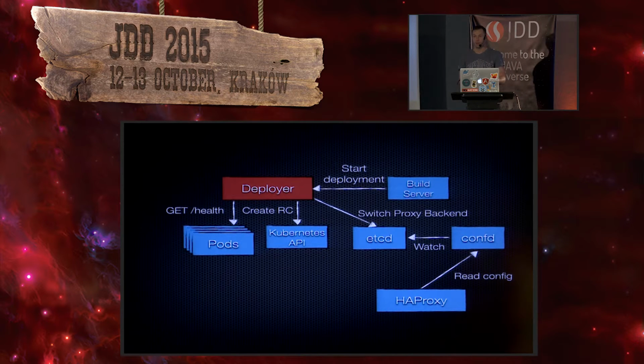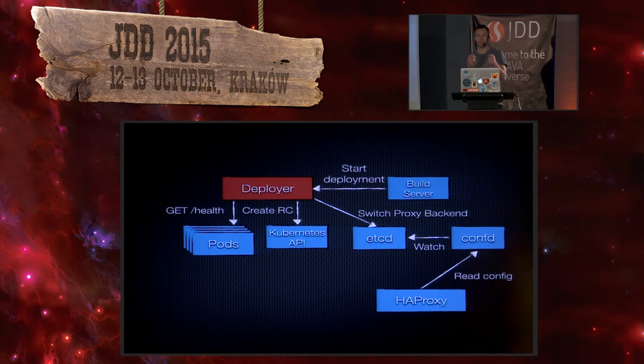Once it's found enough replicas that are healthy, it can take care of switching the proxy backend. So we registered all those new pods in the HAProxy configuration, and we can just switch the backend completely in HAProxy, well, by flicking the switch basically from the deployer.